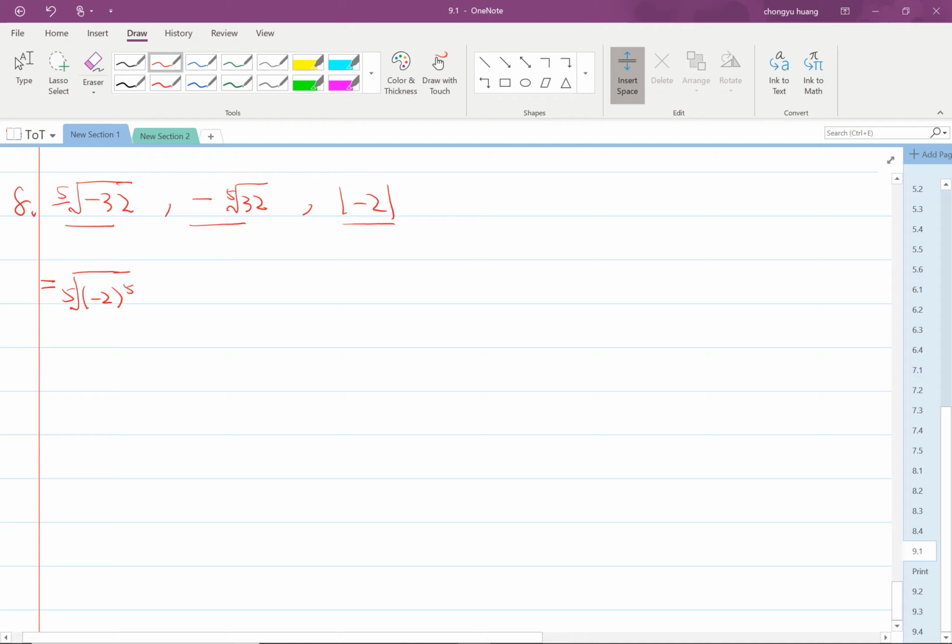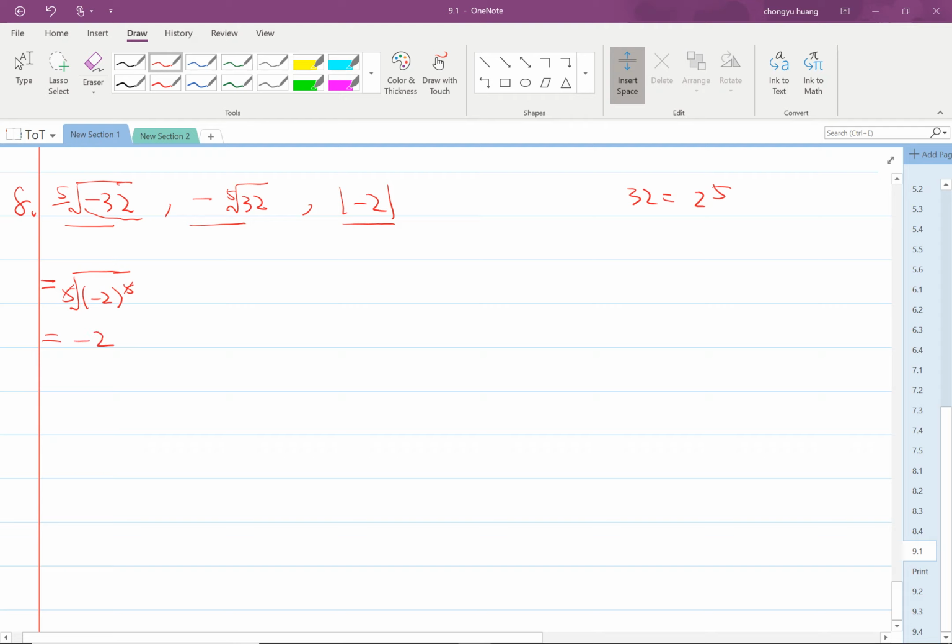Let me write it down: 32 is actually 2 to the power 5. Here we have negative 32, so it's going to be negative 2 to the power 5. The 5 and 5 cancel, so our final solution will be negative 2.